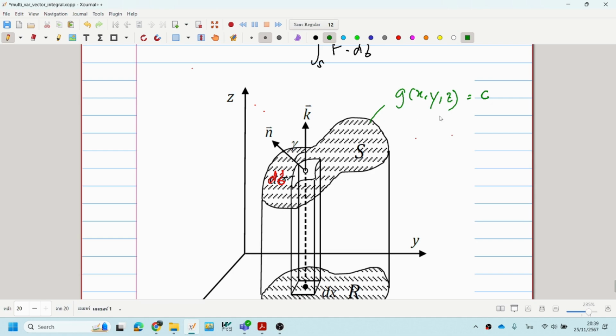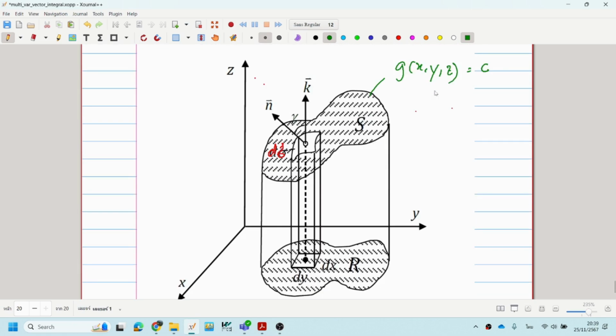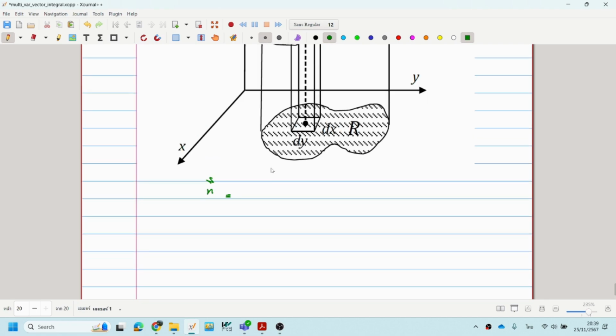This is the surface function, so in this case the surface function is G equals c. To find the unit vector, do you remember the formula for the unit vector?